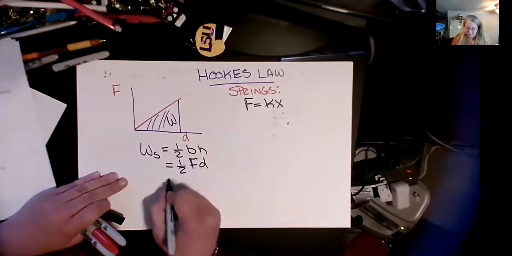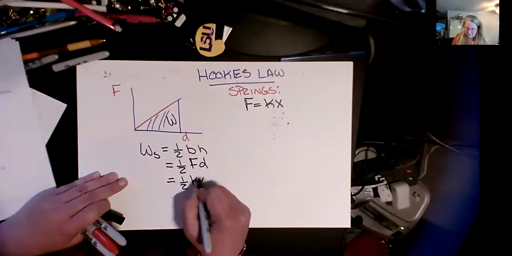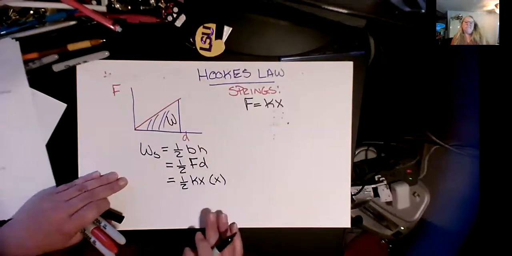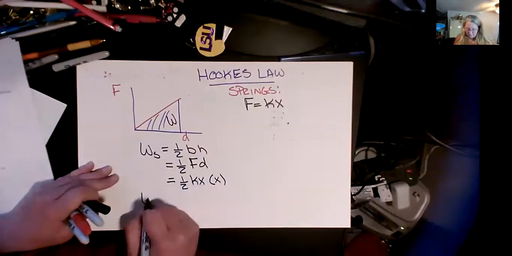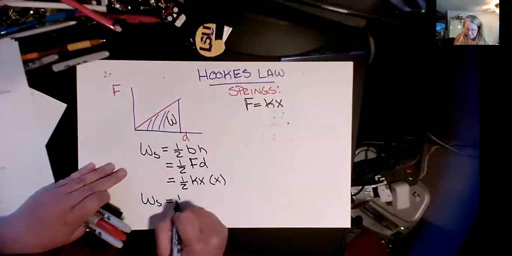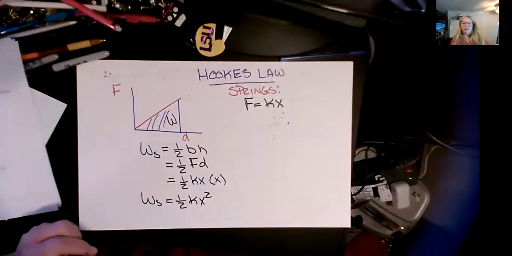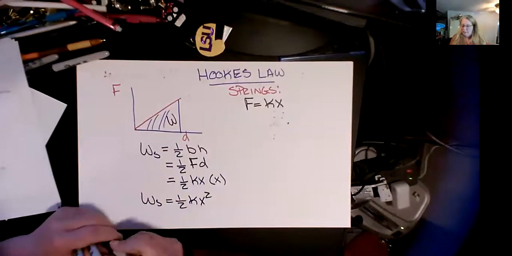Well, the force of a spring is kx, so 1/2 kx. Well, displacement is just another x. They're the same. I'm stretching it or compressing it from equilibrium. So these two are the same. So my work from my spring is the area under the curve. It's 1/2 kx squared.